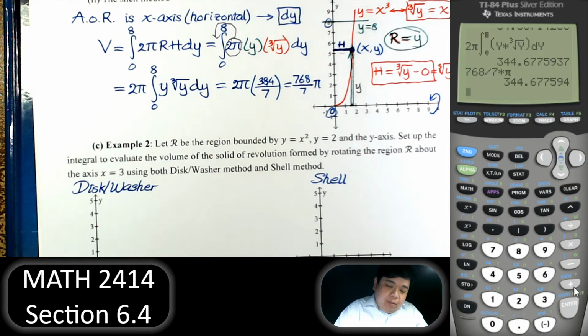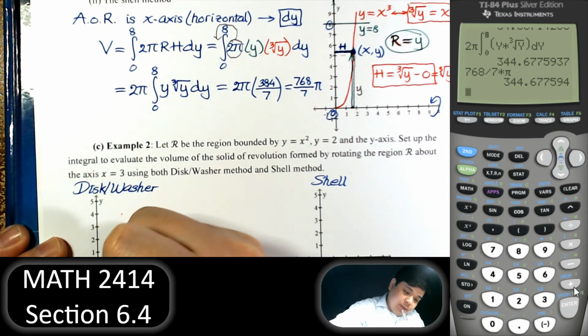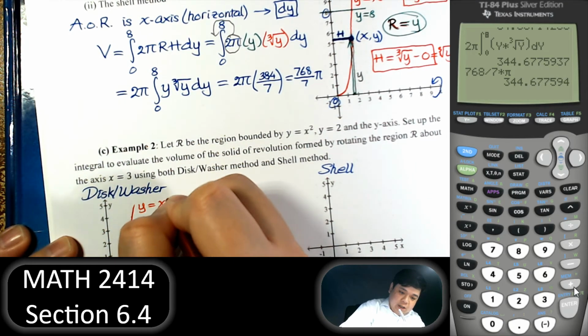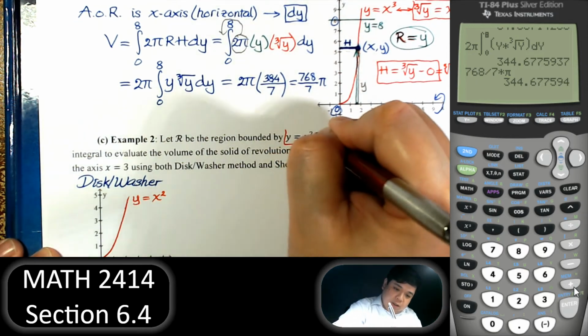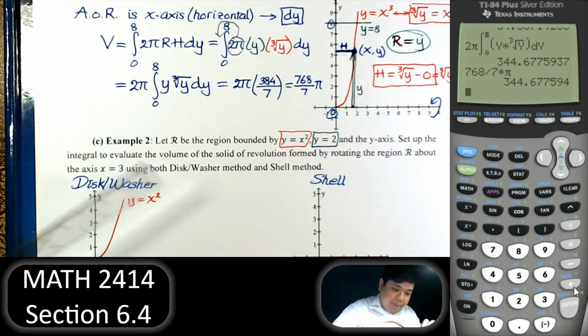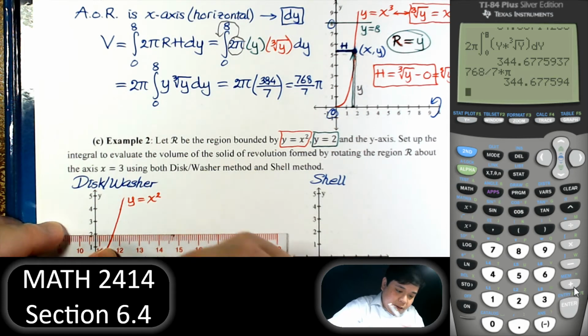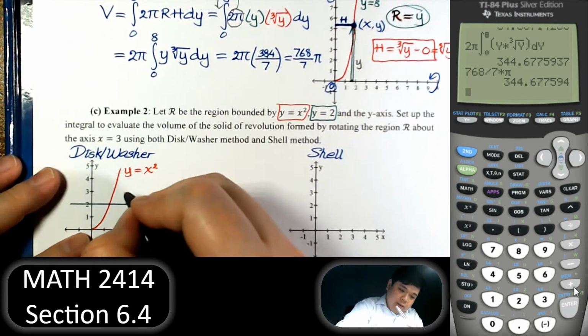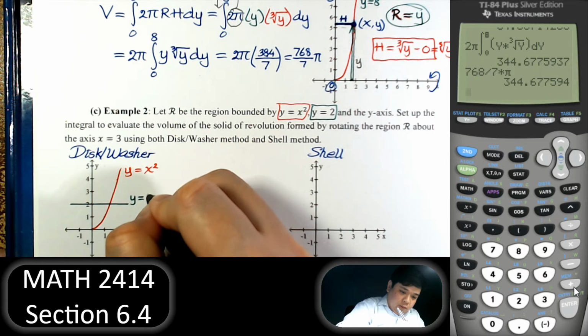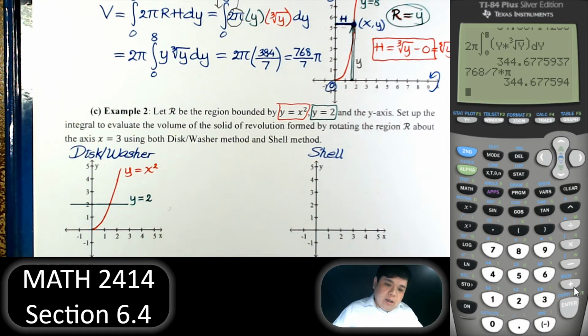Right. Let R be the region bounded by y equal to x squared, so the parabola, y equal to 2, and the y-axis. Y equal to x squared, y equal to 2, and the y-axis.